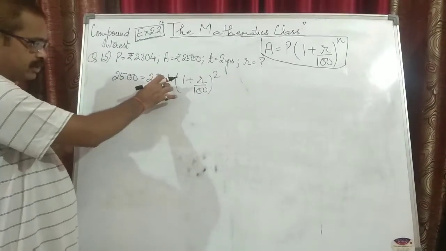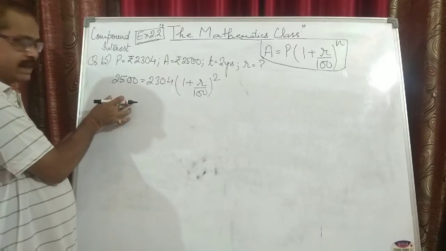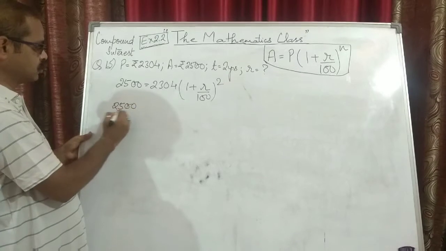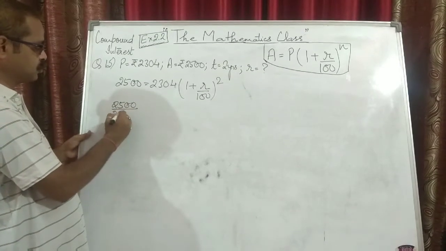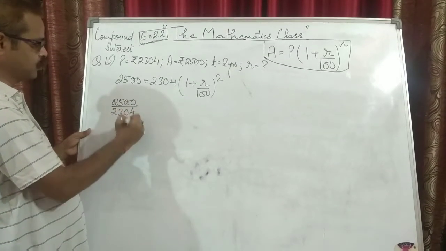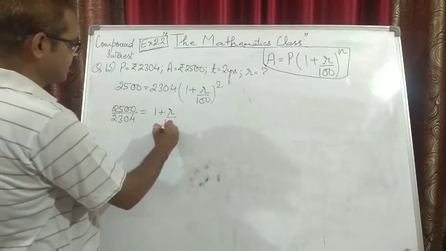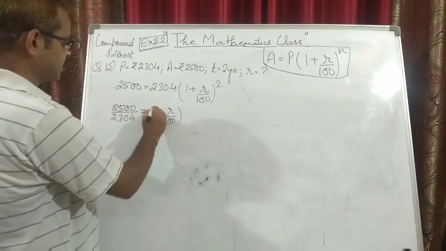At least we can bring this to the left side, so it will become 2500 upon 2304 is equal to (1 plus R upon 100) to the power 2.